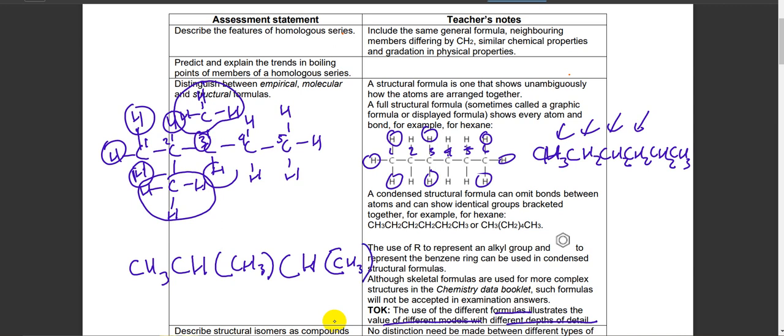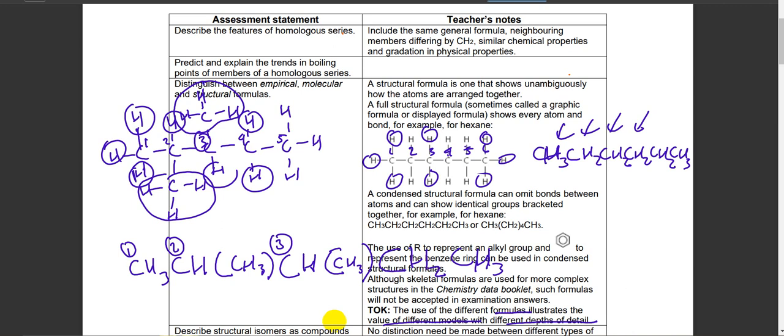Now C number 4 has 2 hydrogens, so directly CH2. Now C number 5 has 3, so CH3. So that's the way.